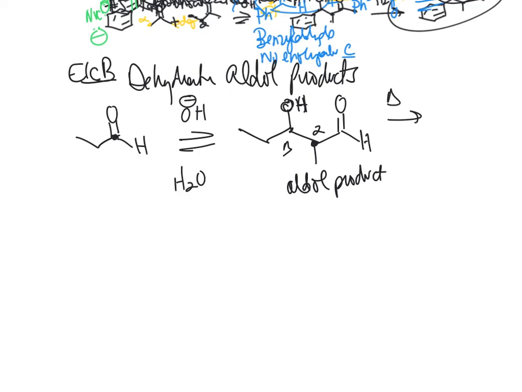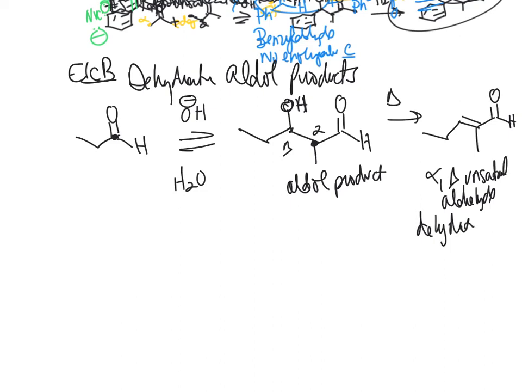And then you add a little bit of heat and you get alpha, beta, unsaturated aldehyde. This is called the dehydrated product. Let's make sure we have the right number of carbons. 1, 2, 3, 4, 5, 6. Okay, plus water. Because you're going to lose water. Where do you lose it? OH, and then you also lose that hydrogen there. That's how you lose the water. Okay, by applying heat, the aldol product undergoes dehydration.